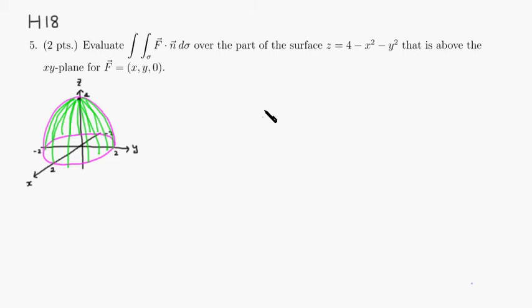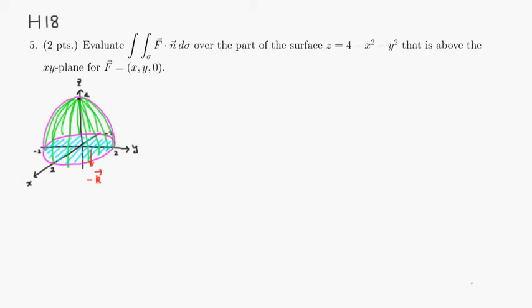Without the bottom, we cannot do the divergence theorem, so we're going to try to add the bottom too. If you look at the bottom, what would be the outer normal vector? It's pointing straight downwards, so that would be the -k vector.